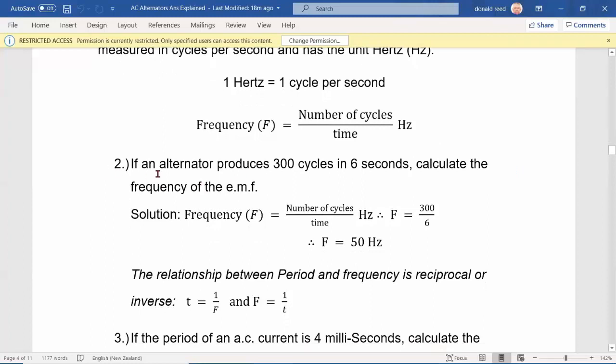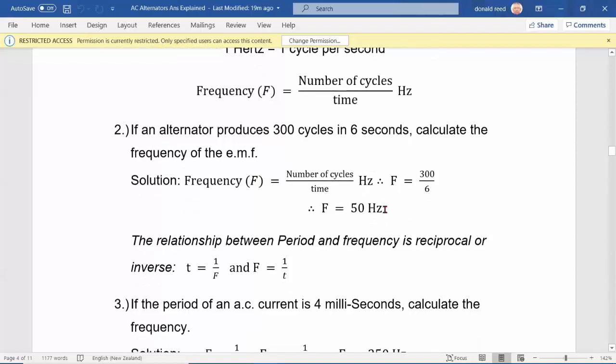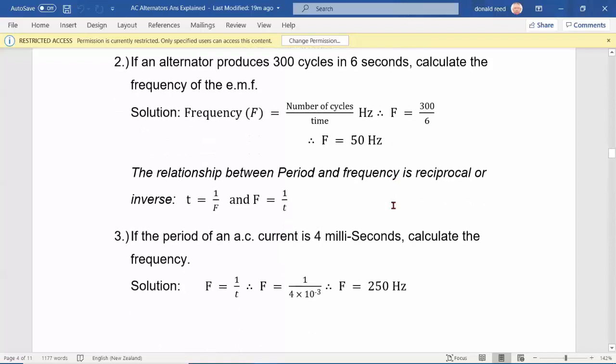So question number 2, if an alternator produces 300 cycles in 6 seconds, calculate the frequency of the EMF. Okay, so frequency equals number of cycles divided by time. Number of cycles, 300, time is 6 seconds, so we have a frequency of 50 cycles per second, and we call that hertz.